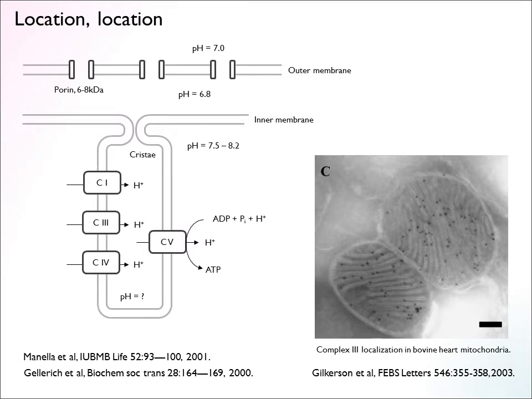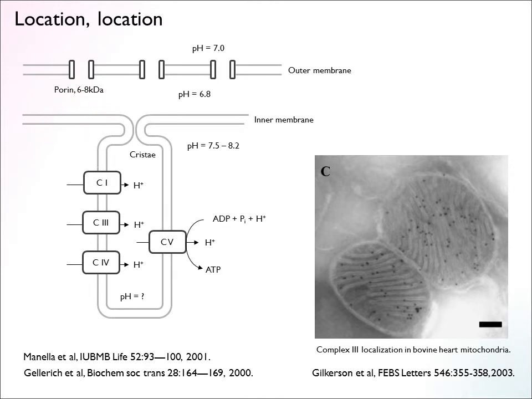So we all know that the respiratory chain and respiration occurs in mitochondria. But I think the textbooks are still a bit unclear as to exactly how the structure of respiration really looks. There are many places where you can find pictures that look like most of the respiration is on this part of the inner membrane of the mitochondria, and they put protons in the intermembrane space, and then the ATP synthase is here somewhere.